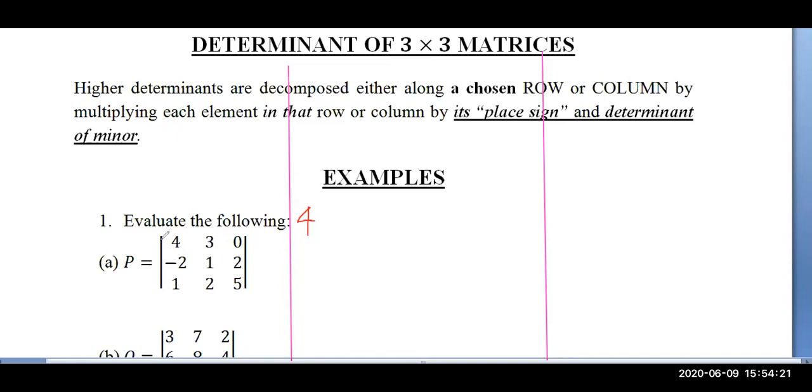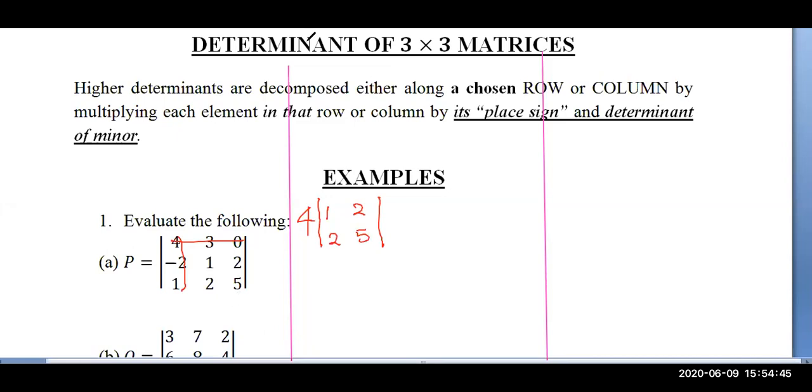But 4 is already positive, so I didn't write positive there, since it's the first one I'm picking. When I neglect the row and column of 4, the determinant of minor is 1, 2, 2, and 5. So 4 multiplied by the determinant of minor, which is 1, 2, 2, and 5.